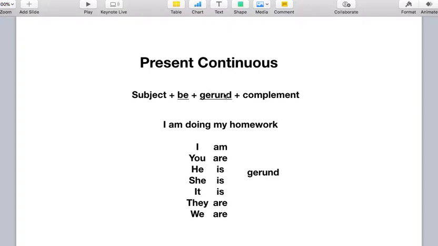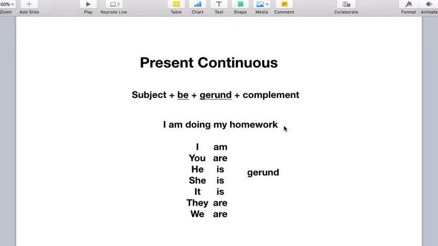Gerund. Do you remember what a gerund is? A gerund is a verb with the ending -ing, okay? Do means hacer, if you remember. Doing is the gerund form of do. And a complement if you want, or if it is necessary.